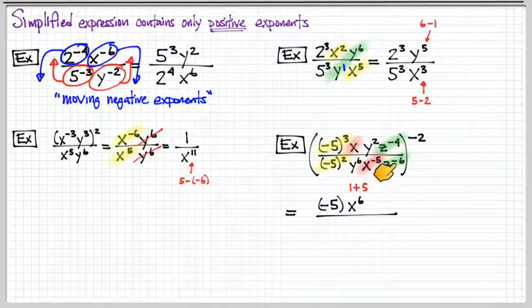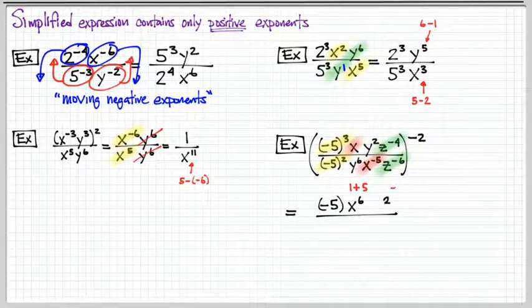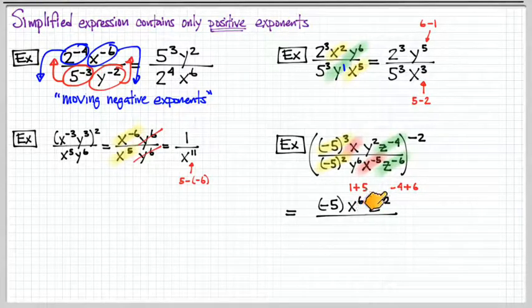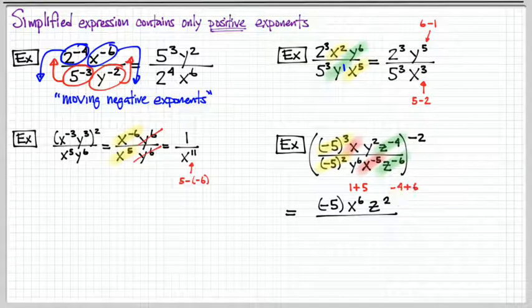The z to the negative 6 to the top becomes z to the 6th power. So this becomes z squared, which can be thought of as the squared term comes from negative 4 plus 6 here.